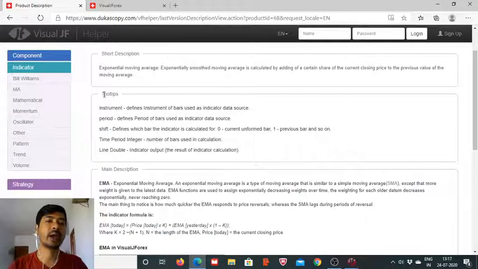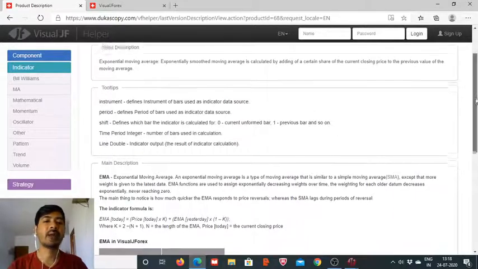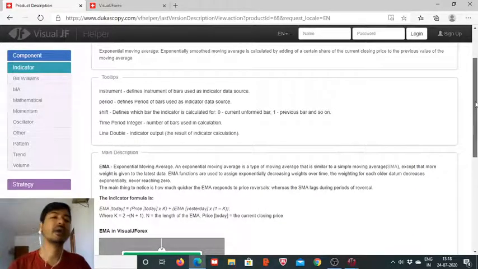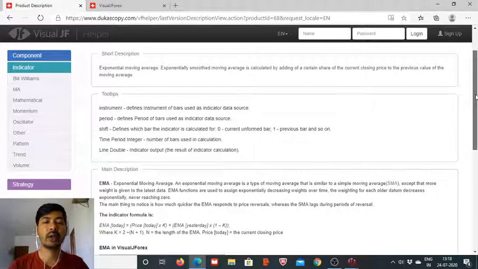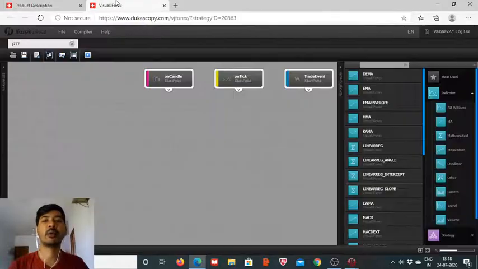Here we have this listing of tooltips: the instrument, the time period, the shift, time period integer, and line double, which is a double variable. This is as per the Java data types, and we have already seen the various data types in use on the Visual JForex platform. Now let us go straight to the Visual JForex platform, where we will see this block.